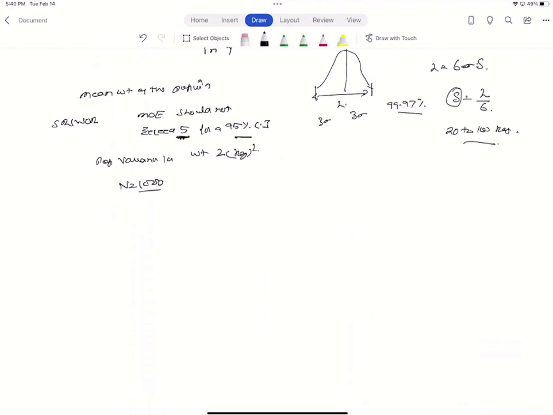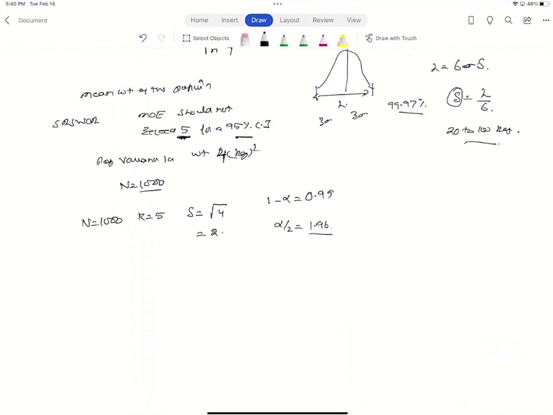So here we know that N is 1000, k is just 5, s, let's just say the variance is 4, s is equal to under root 4, that is equal to 2, and 1 minus alpha is equal to 0.95, which means that z alpha half will be 1.96 based on the normal approximation.